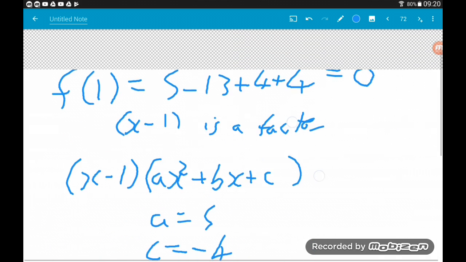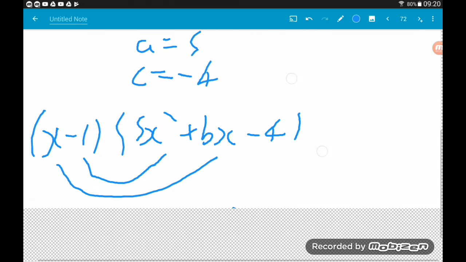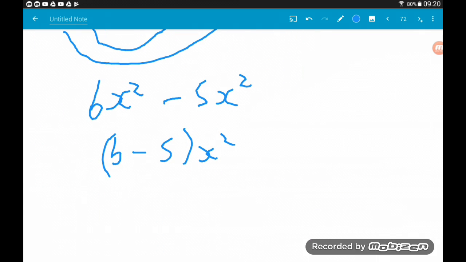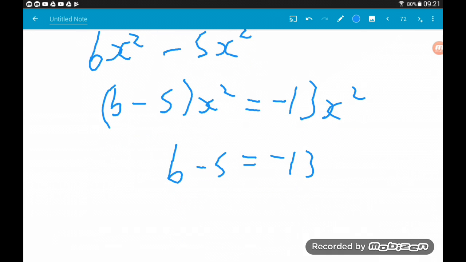If we compare that to the x squared term that we want in the cubic, it's minus 13x squared. So b minus 5 x squared is equal to minus 13x squared. If we divide the x squareds away, b minus 5 is equal to minus 13. Therefore, b is equal to minus 8.